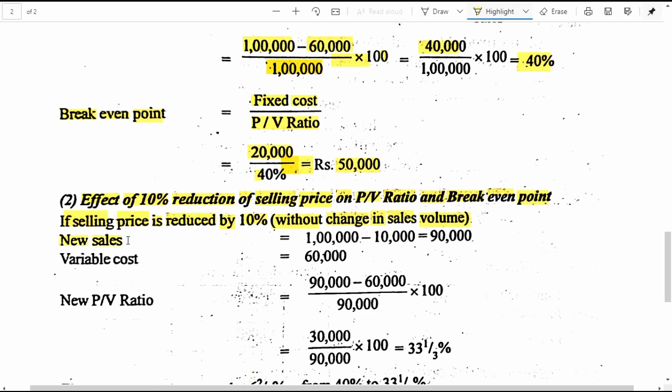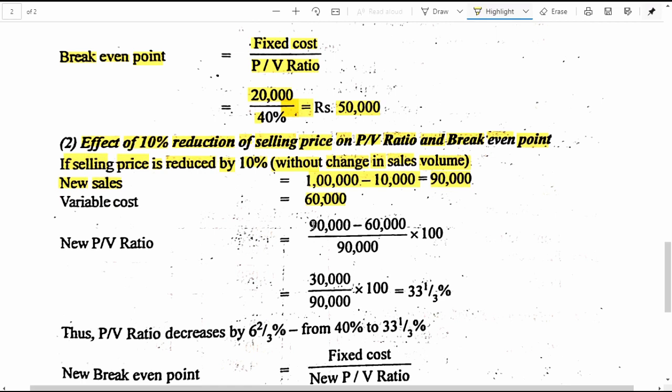Now therefore, new sales 1 lakh minus 10% of 1 lakh, which comes to 10,000 rupees, is equal to 90,000 rupees. So the revised sales is going to be 90,000 rupees. Variable cost is going to be the same 60,000 rupees because there is no change in the variable cost per unit and also there is no change in the sales volume as well.